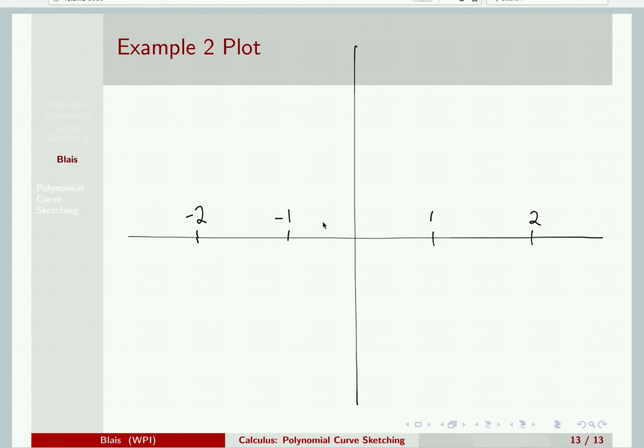And then we have y values of concern of 16, minus 16. So the scale will be different for the two axes. And then 38 and minus 38.